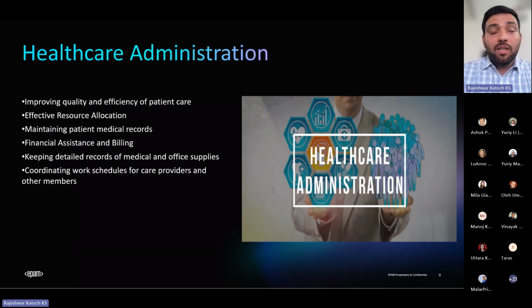Effective resource allocation is where the administrator allocates resources like staff, equipment and strategies to ensure that patients receive timely care without any unnecessary delays. Then safety and compliance come in with protocols and regulatory standards. By maintaining compliance, they protect patients from risk and ensure their safety with a safe environment.